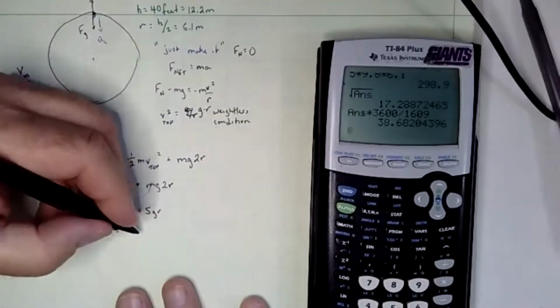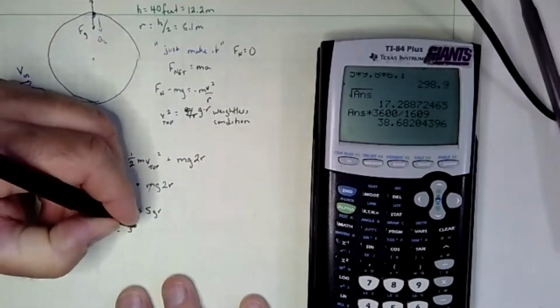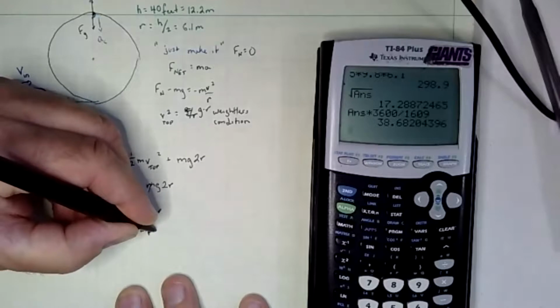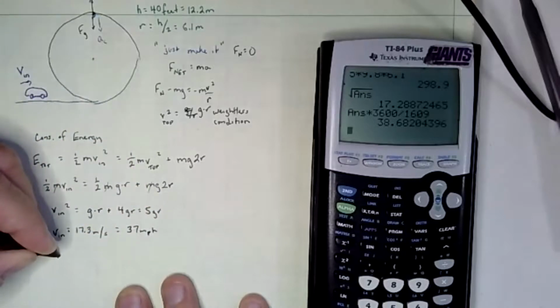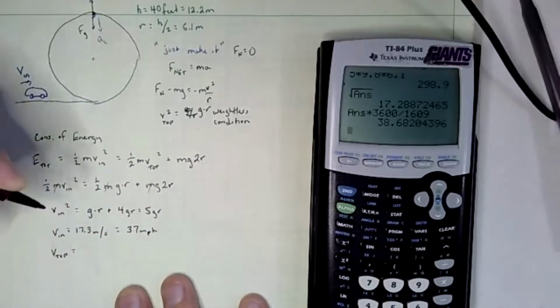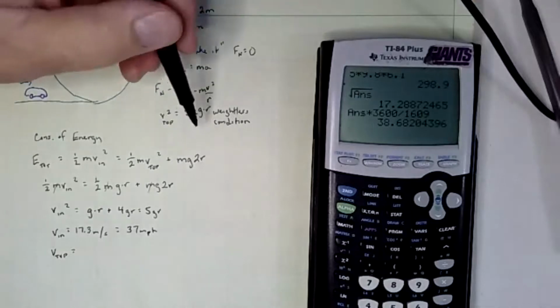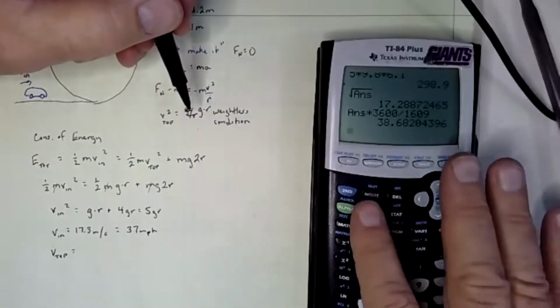And I get just 37 miles an hour, that's it. And v at the top, which slows down not because of braking, but just because of gravity, is the square root of g times r.